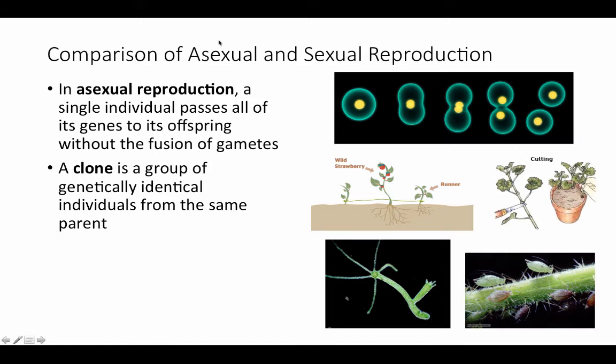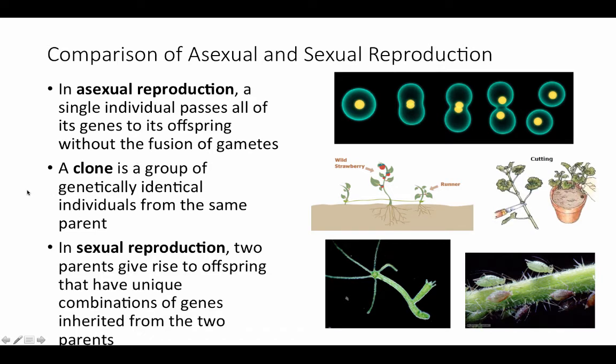So this implies that they have all of the same DNA and they're going to be genetically identical. In sexual reproduction, two parents give rise to offspring that have unique combinations of genes that were inherited from the two parents. So it's going to be some kind of combination of all of the characteristics of the two parents.